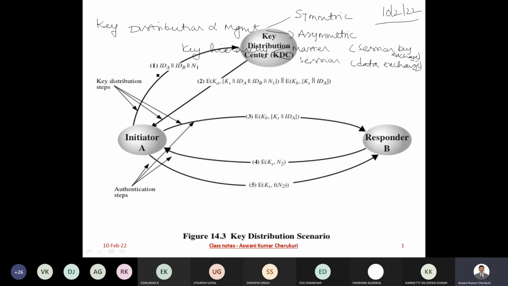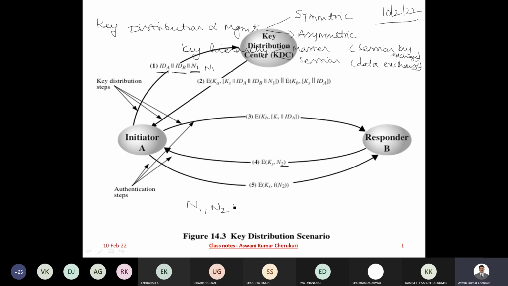When A is trying to talk to B in this scenario, there are two things. One is the identifier of A and the identifier of B, that means the source and destination of the message. In addition to that, there is a number called N1, and similarly you can notice N2.